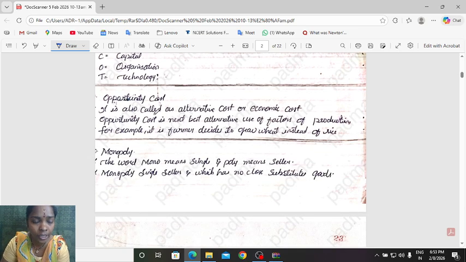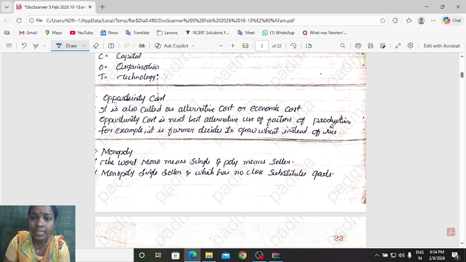Next one is opportunity cost. It is also called alternative cost or economic cost. Opportunity cost is the next best alternative use of the factors of production. For example, a farmer decides to grow wheat instead of rice. Here he decides wheat is not the best option.